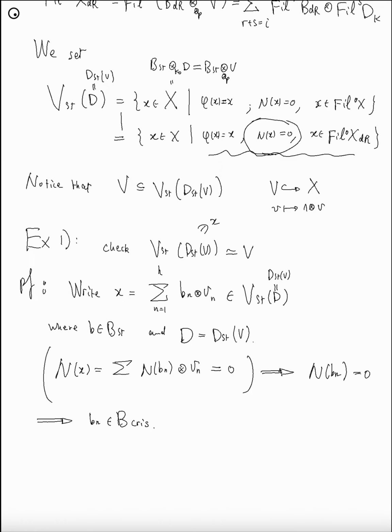This also tells you intuitively that those killed by N inside B_ST should be B_cris. Not sure we have mentioned this or not. Should have mentioned this: the monodromy operator on period rings.